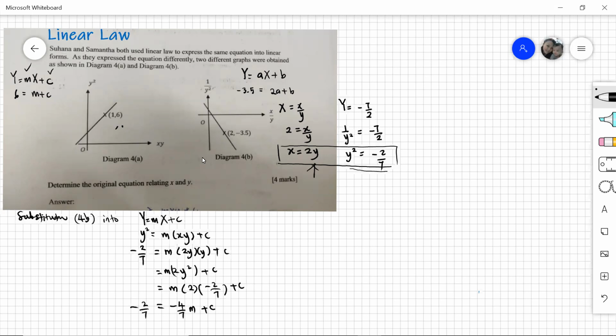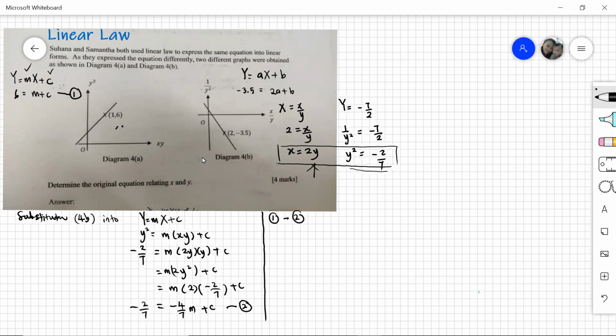Now we have formed another equation that involves m and c. Let's call this equation 1, 6 equals m plus c. And the one that we just found, let's label it as equation 2. We want to use the elimination method, so I will just take equation 1 minus equation 2.